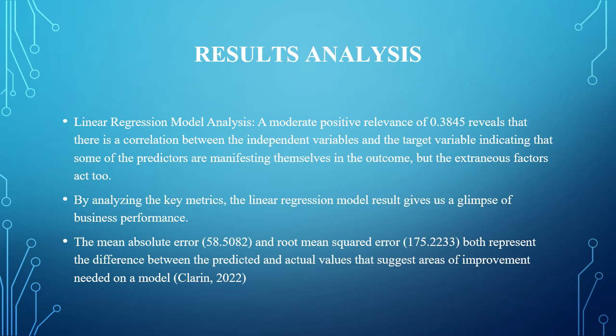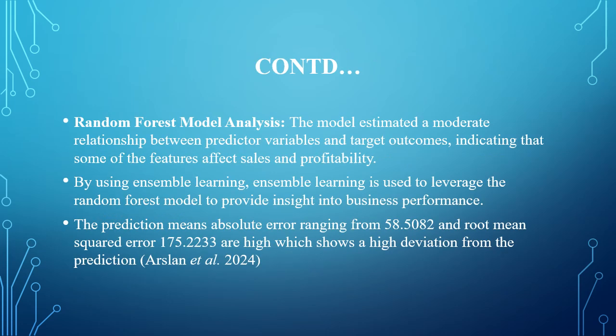By analyzing key metrics, the linear regression model's results give a glimpse of business performance. The mean absolute error is 58.2082, and the root mean squared error is 175.0223. Both represent the difference between the predicted and actual values and suggest areas where the model needs improvement.